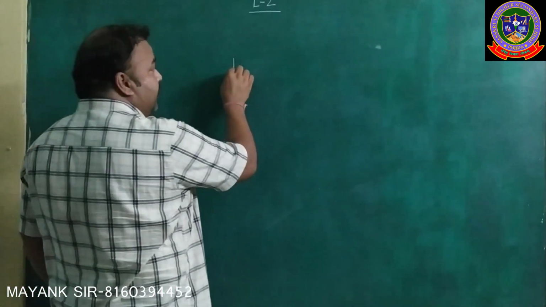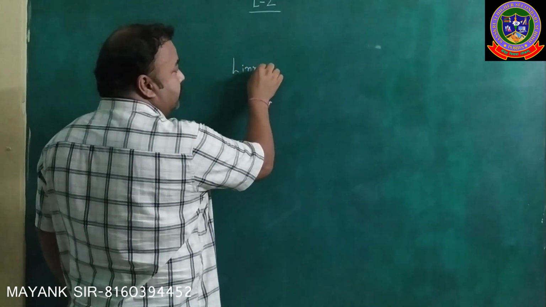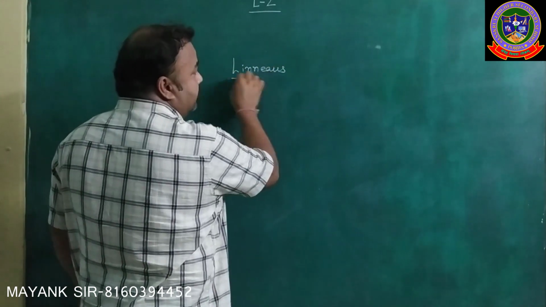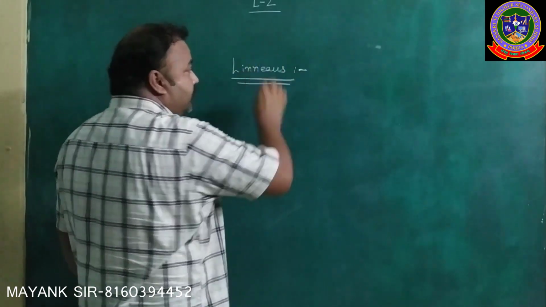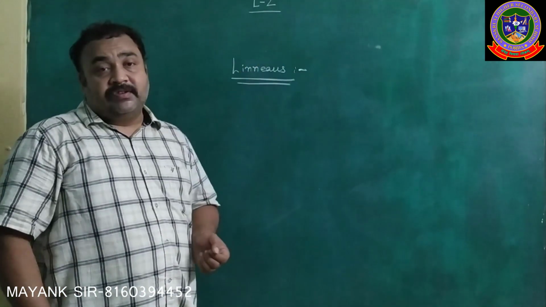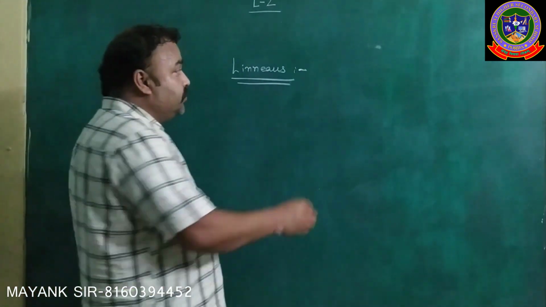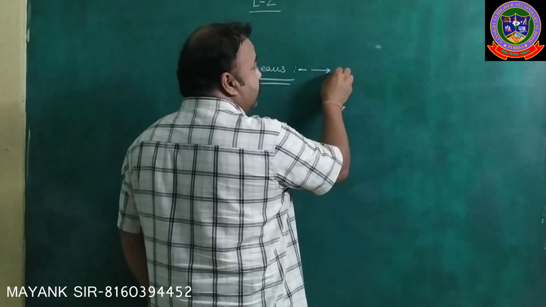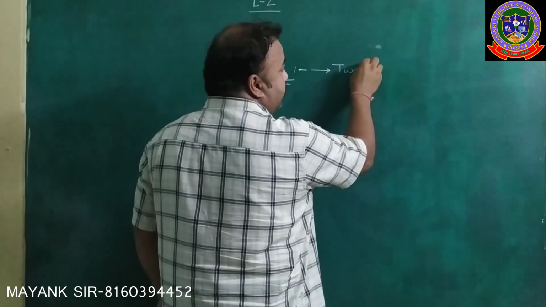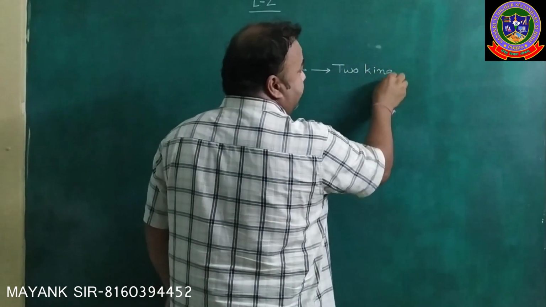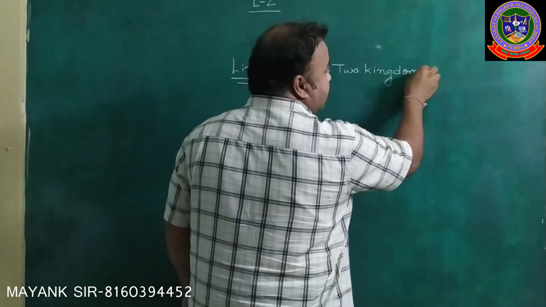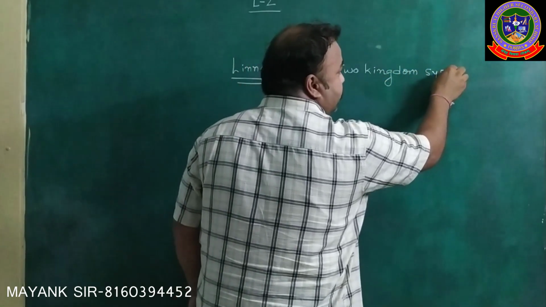And Carolus Linnaeus proposed a new type of classification system, which was called two-kingdom system of classification.